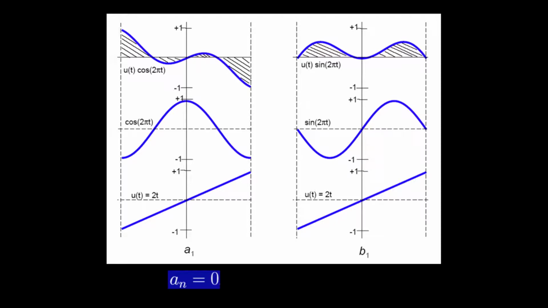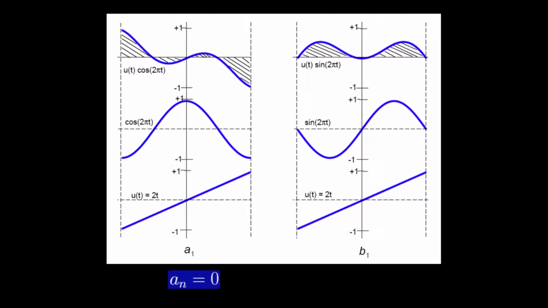Similar graphs of the product curves 2t cosine 2 pi nt would show that the net area under the curves is 0 for any n. Hence, an equals 0, where n equals 0, 1, 2, 3, and so on. This result is expected because the sawtooth is an odd function.